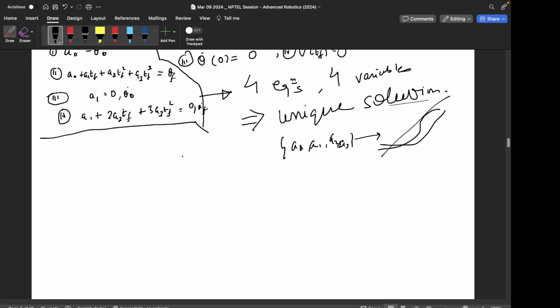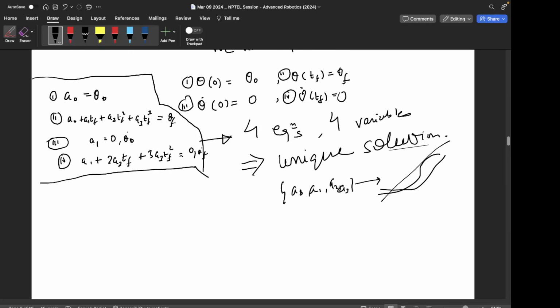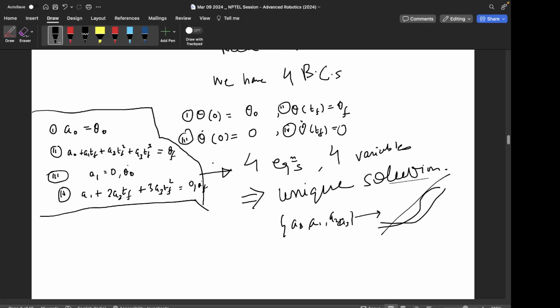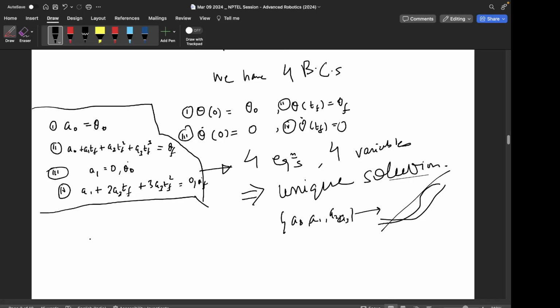Yes, Karthik, can you just repeat once again, sir? Why after writing a1 is equal to 0, theta 0 dot? That is the case in which the velocity boundary conditions are non-zero: some non-zero velocity at the beginning and some non-zero velocity at the end, right?